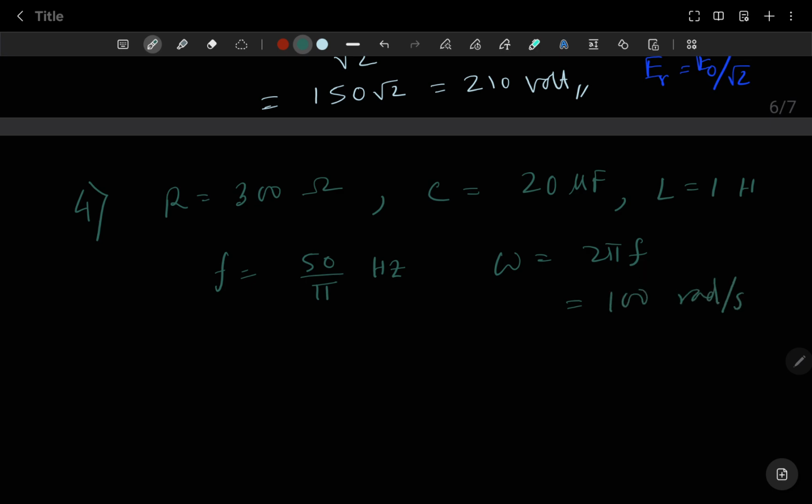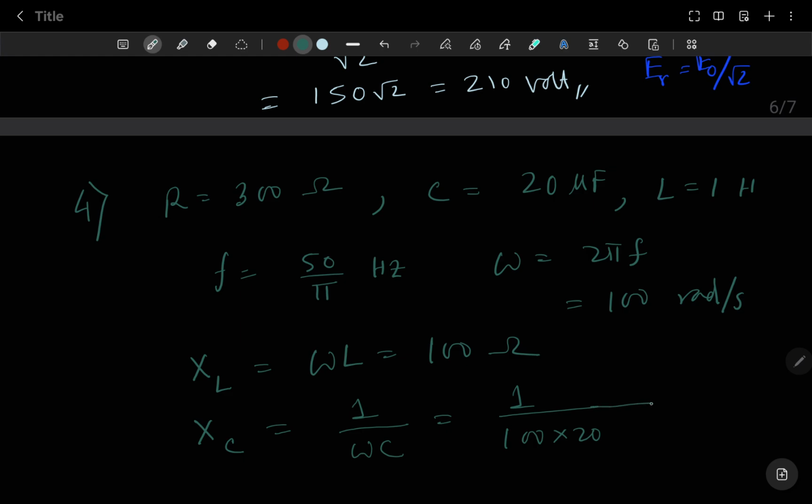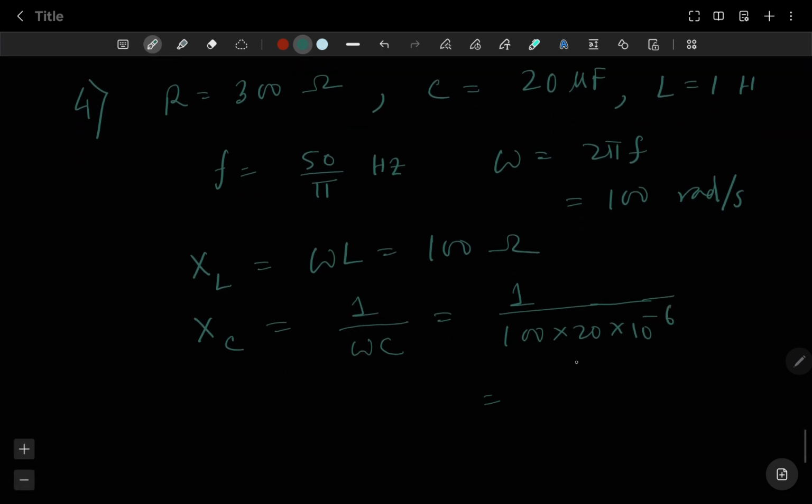So the inductive reactance will be 100 ohm, right? 100 into 1, that is 100 ohm, and the capacitive reactance will be 1 by omega C, that is 1 by 100 into 20 into 10 to the power minus 6, so it will be 0.5 into 10 cube, so it will be 500 ohm, right?